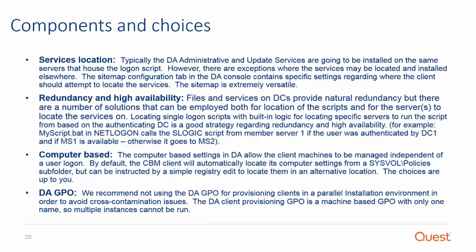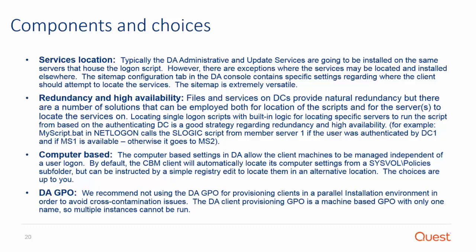As far as the DA group policy object, we recommend not using the DA GPO for provisioning clients in a parallel installation environment in order to avoid cross-contamination issues. Because the DA client provisioning GPO is machine-based, so it only has one name.